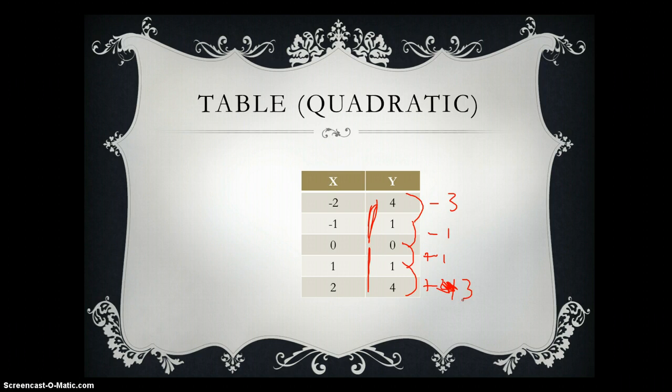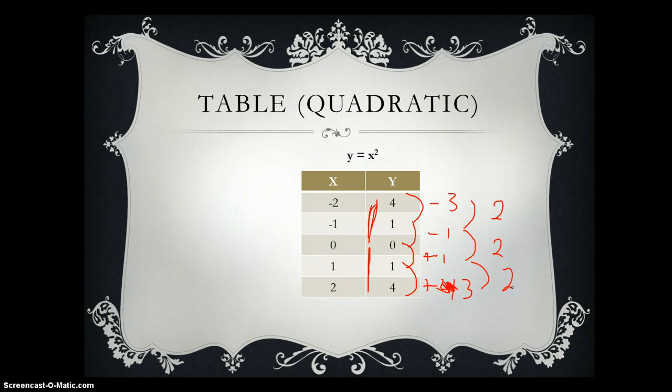So our first difference is not constant. So we have to go down and look at the second difference. We have negative 3 to negative 1. Well, this is where we're adding 2. Between negative 1 and positive 1, we're adding 2. And 1 and 3, not 4, is positive 2.